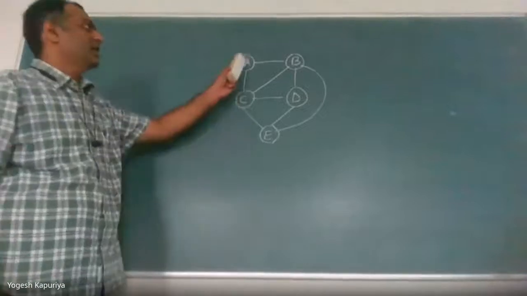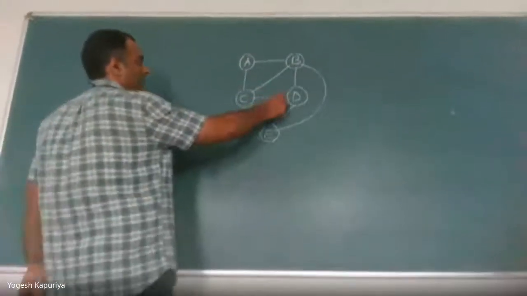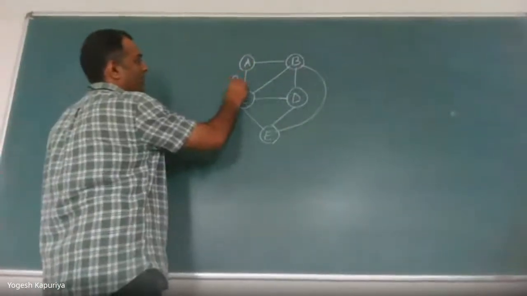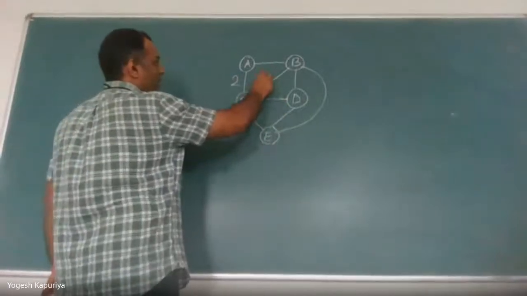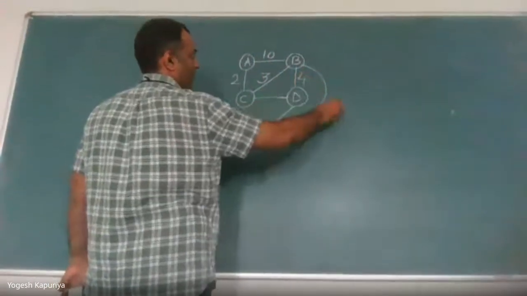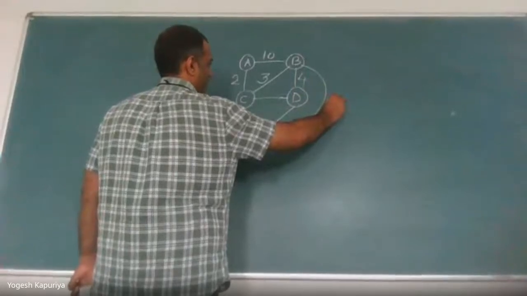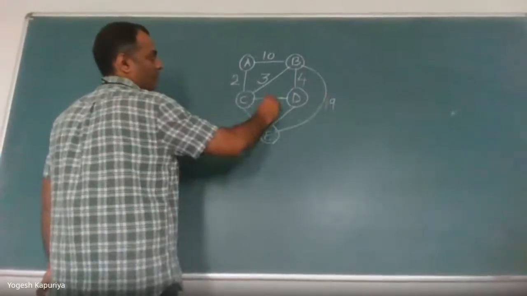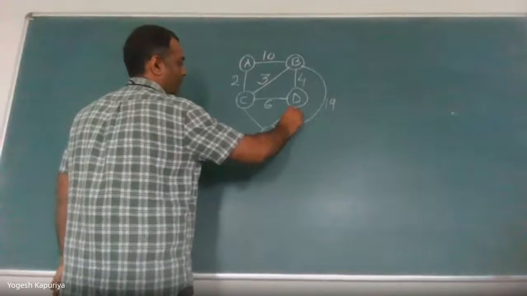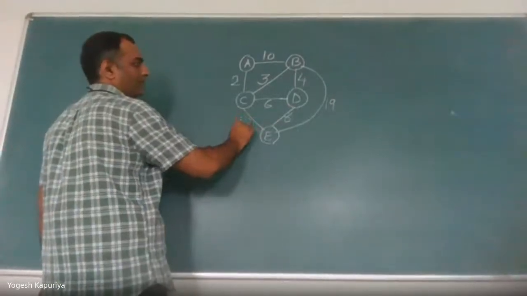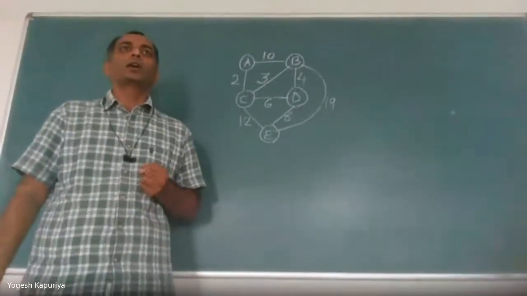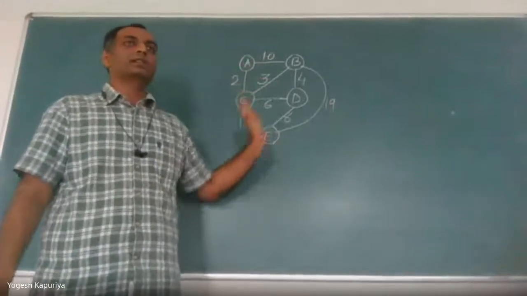There are 5 vertices A, B, C, D, and E. And there are 1, 2, 3, 4, 5, 6, 7, 8 edges. Now let's say we have a weight associated with every edge. So this is my input graph. 5 vertices and these are the edges.